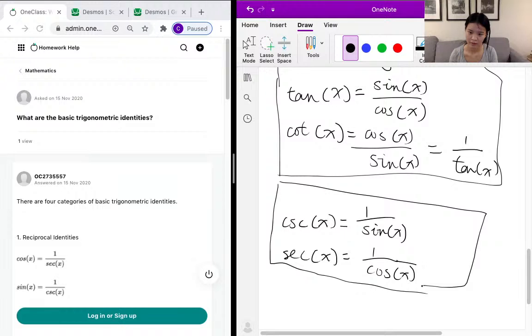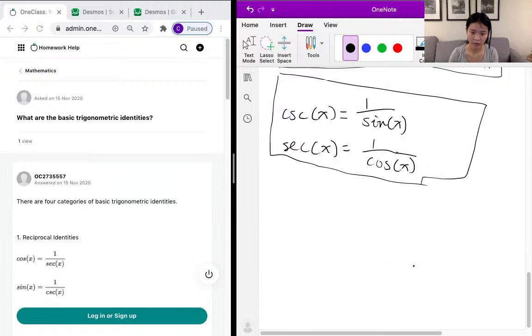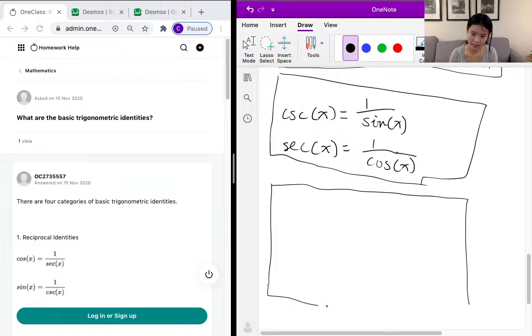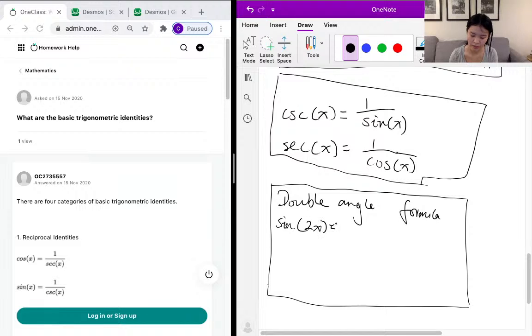And some other trig identities include the double angle formulae. Let's write another box over here. The double angle formulae. And there are three main ones. The first is the sine of 2x is equal to 2 sine of x cosine of x.